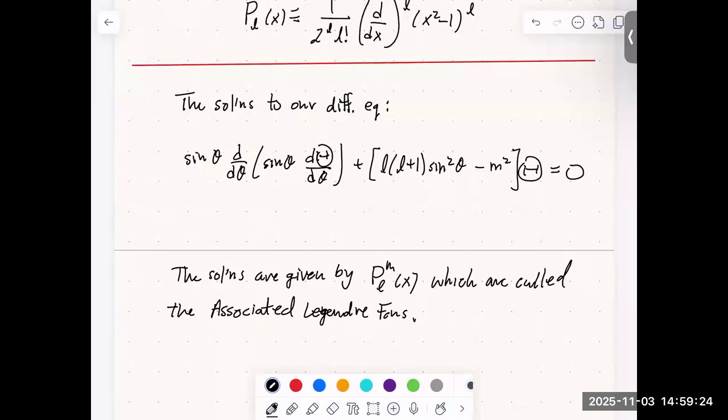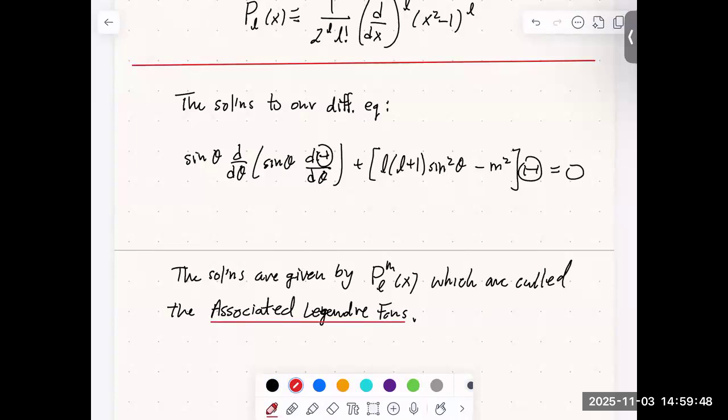Now, we're not going to do it, but we could attack it in the same way. What we would do is we would try to sub in some kind of power series solution. We would evaluate those derivatives, and we would look for relationships between coefficients of like powers.